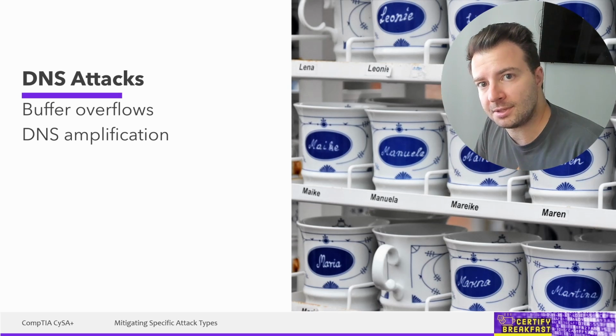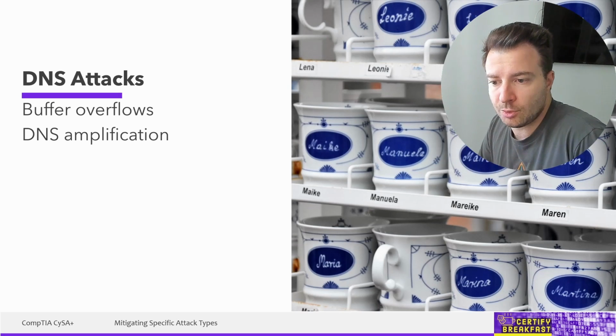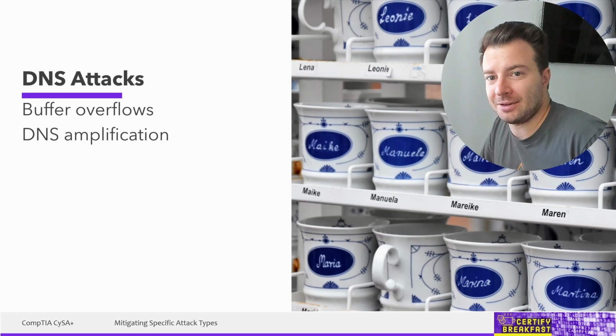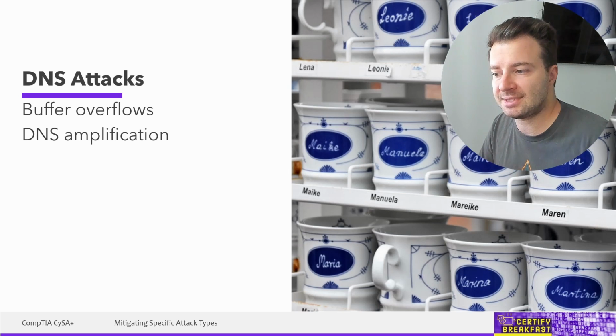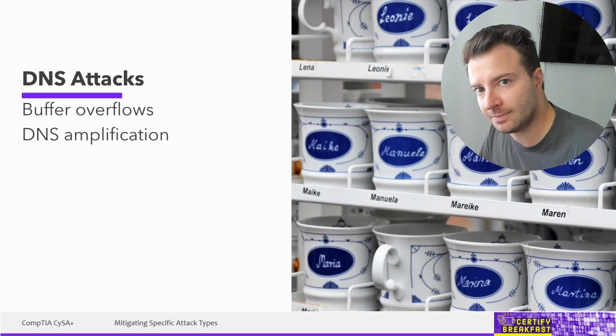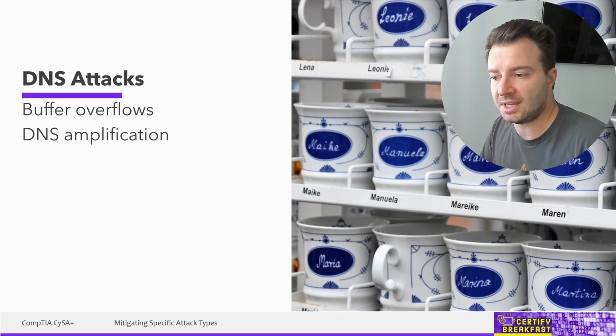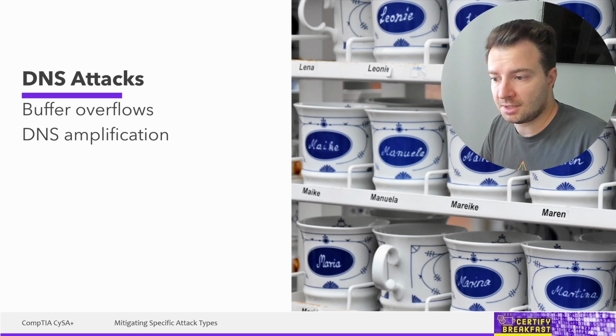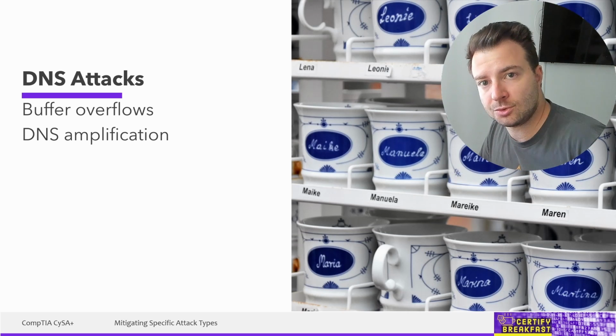Now, how does this help us? Well, at the most, we would probably just flood ourselves, right? We would probably just perform a denial of service on ourselves, right? Well, what if we send those DNS requests with a spoofed source IP address? So instead of just sending those DNS requests with my IP address as the source, I'm going to send those with somebody else's IP address as the source.